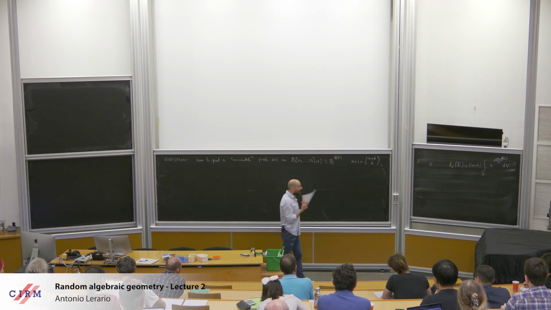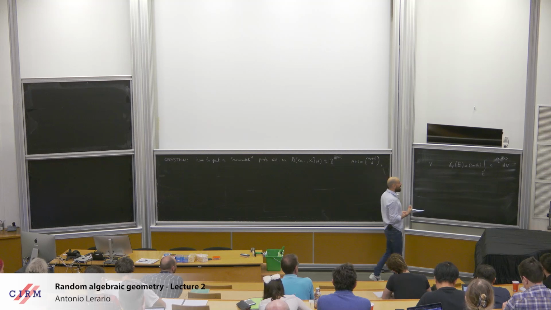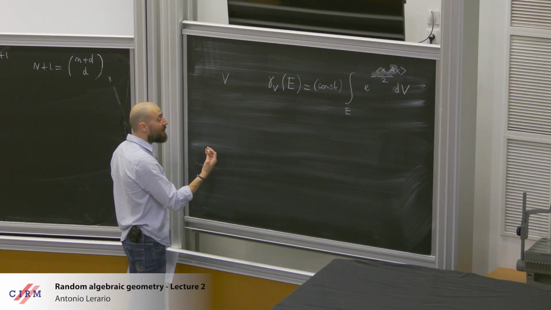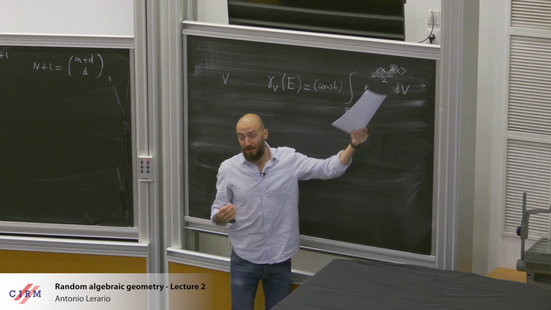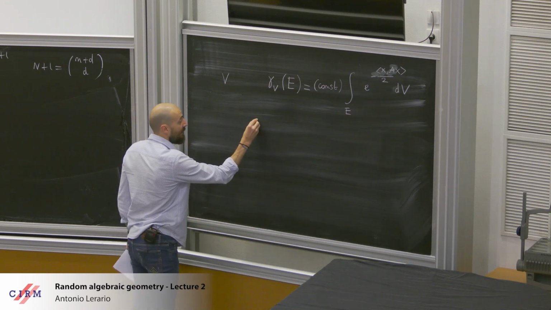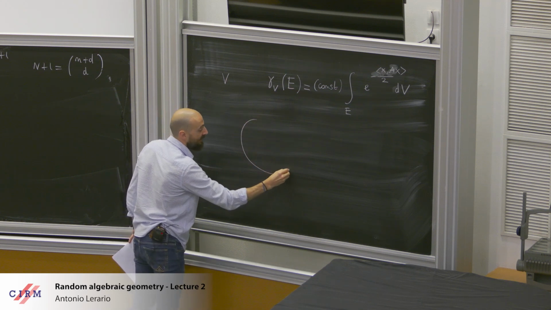If you don't feel comfortable with this description, just imagine that this matrix A, or rather its inverse also, defines a sphere in my space. Okay?